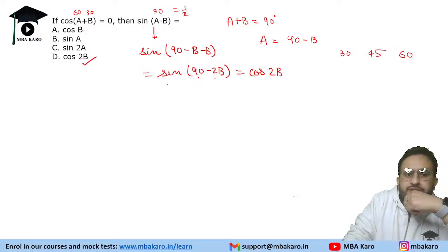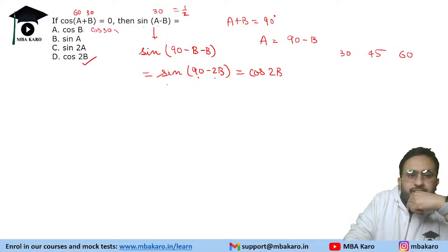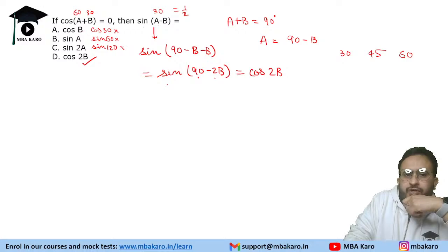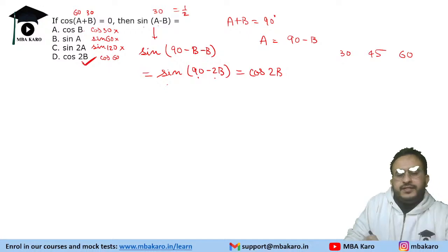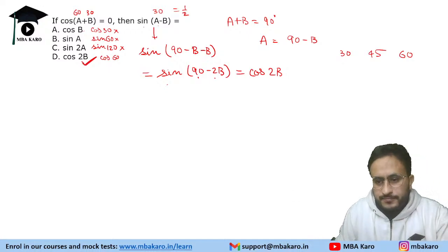Now this is cos b. B is 30. So cos 30 is not 1 by 2. Sine a, sine 60 is not 1 by 2. Sine 120 is not 1 by 2. Cos 60. Cos 60 is 1 by 2, which fits in this option.